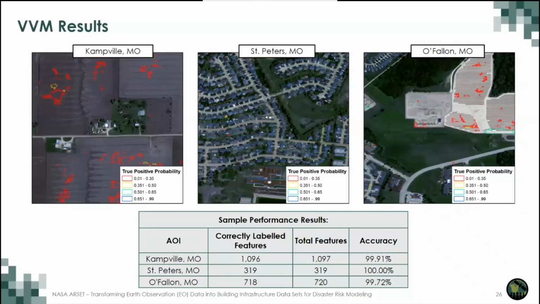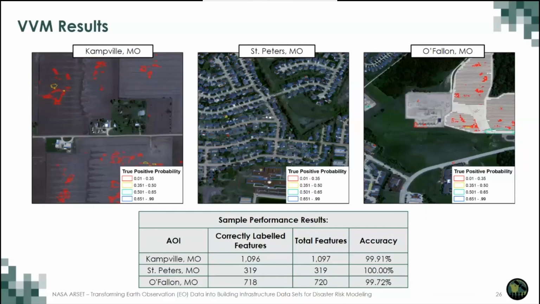St. Peters, Missouri, in the middle, is an excellent example where both models are in high agreement. The convolutional neural network is generating valid geometries that we expect to represent structures, and the QA/QC model is really able to verify that these are geometries and they're organized in a way that we would expect them to be organized.